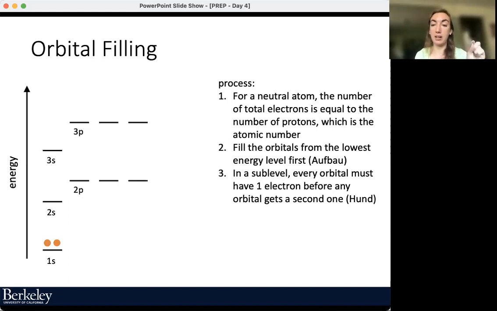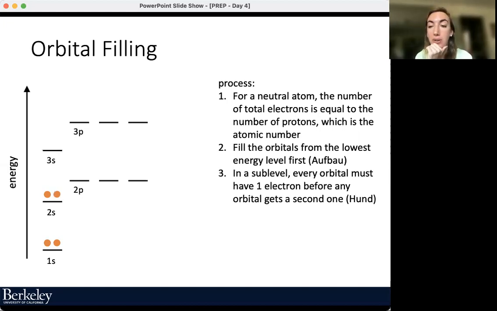And I'm going to start filling the s orbital, and I'm going to finish filling that s orbital before I'm allowed to move on to the p sublevel, which is higher in energy than the s sublevel. So I'm going to put my first electron in the 2s orbital, and then my second 2s electron is going to come in before I start filling the p sublevel.